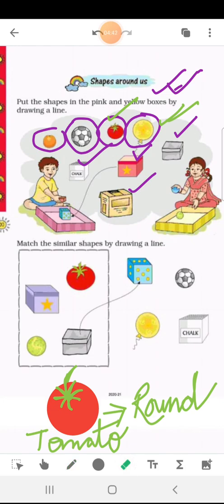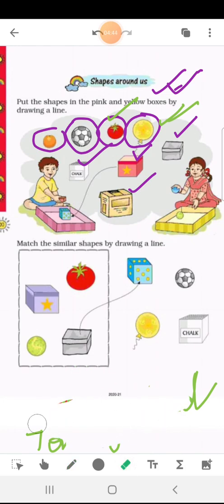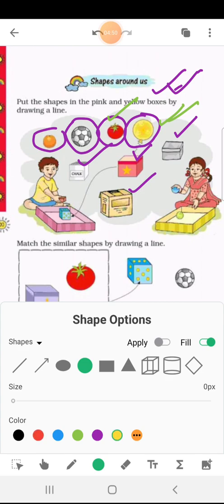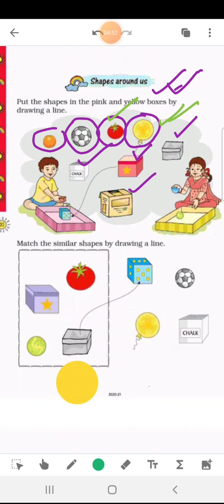Then next you see, there is a balloon. So let me draw one balloon also. This yellow color balloon only I will take. In your book a yellow color balloon is there. So let me also draw a yellow color balloon.